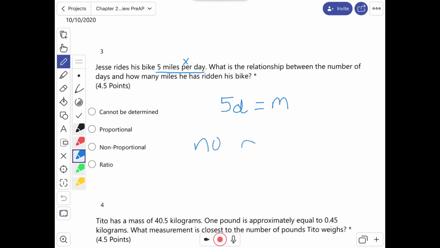There's no adding. And I see multiplication. So that sounds like it is proportional. Anytime that there is multiplication and there's no adding, then it is proportional. If it had adding, then it would be non-proportional.